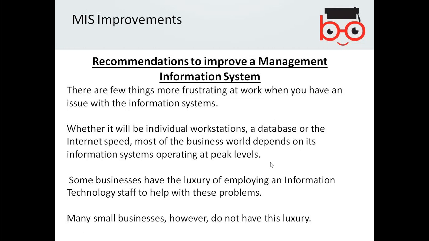Some businesses have the luxury of employing information technology staff to help with these problems, and many small businesses, however, don't have this luxury. Is that true? Obviously, if it is a big organization, then they will have an IT department and expert IT staff.